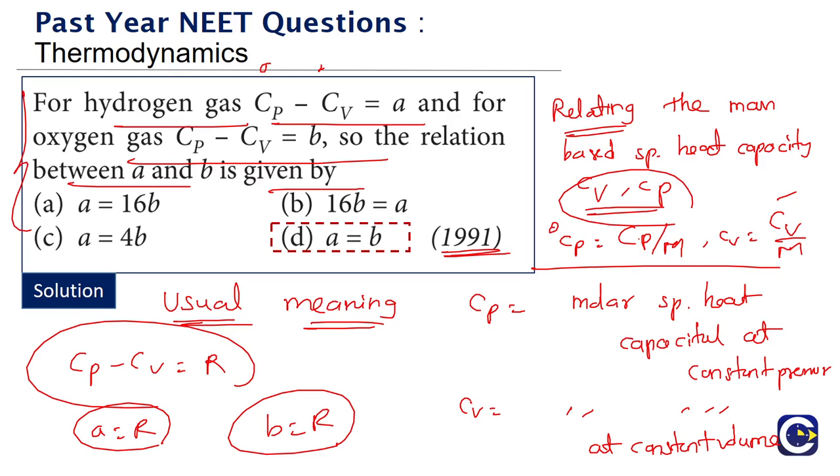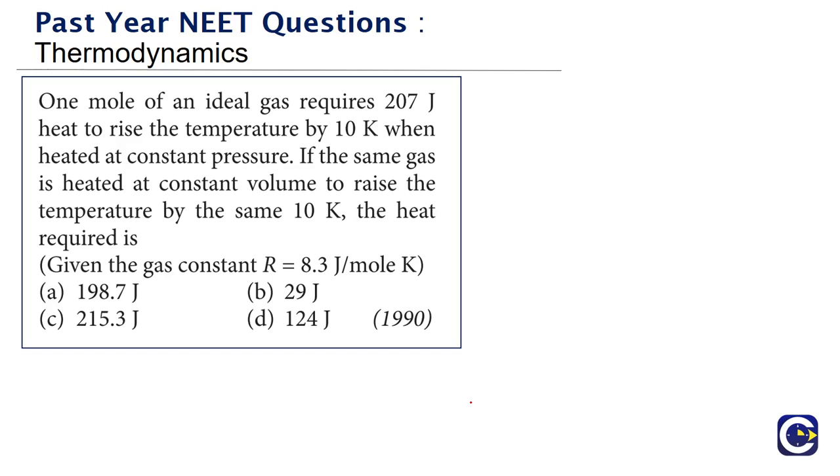I think in part 2 or part 3 video we discussed it. So in future if there is a question, they can ask relating small Cp, small Cv of hydrogen to small Cp and small Cv of oxygen. Instead of giving the molar specific heat capacities relation, they can ask a question on relating the mass based specific heat capacities. Okay. We'll go to the next question.